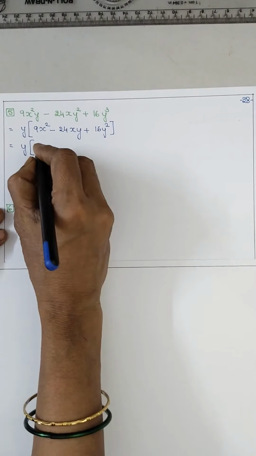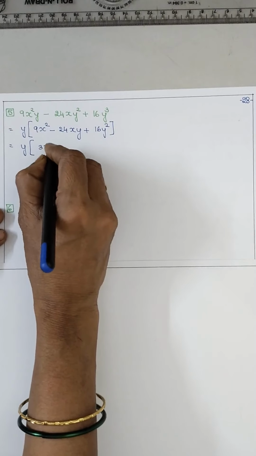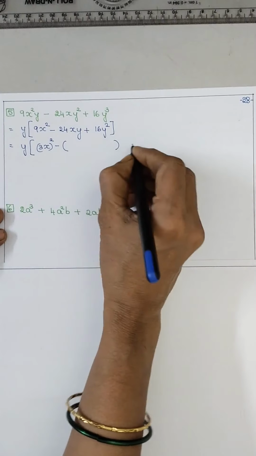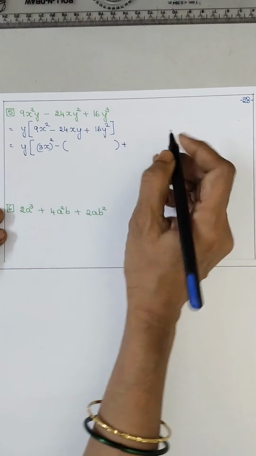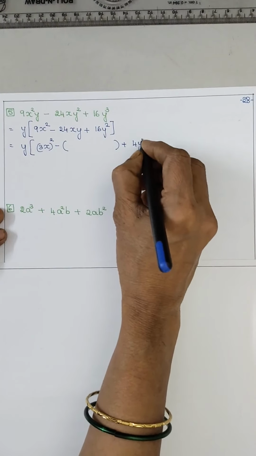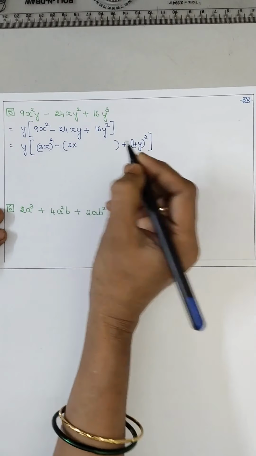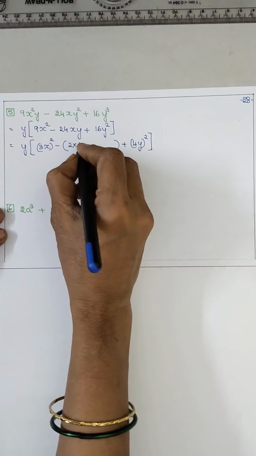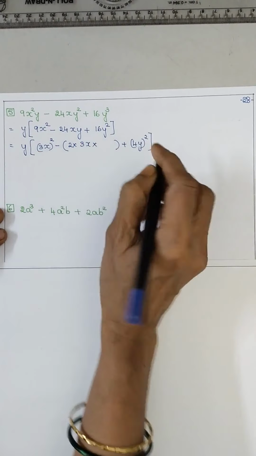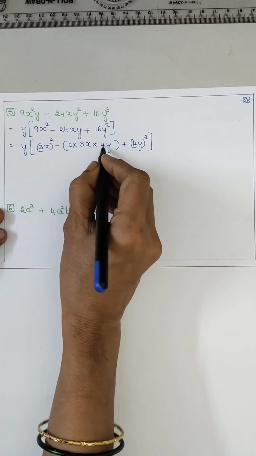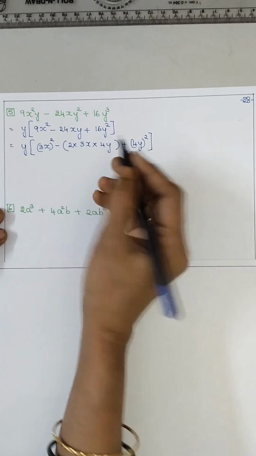So 9 is 3 squared, so (3x) the whole square, minus, plus 16 means (4y) the whole square. Now check 2 into 3x into 4y. 2 3s are 6, 6 4s are 24xy.